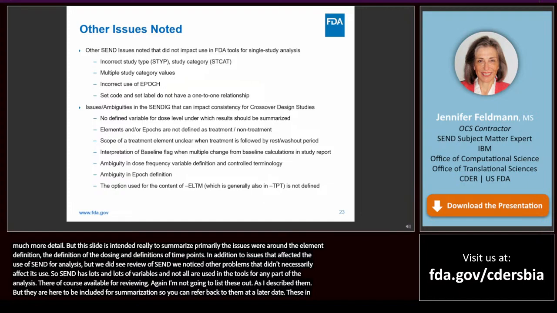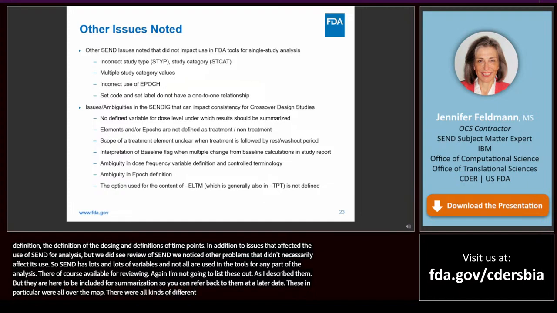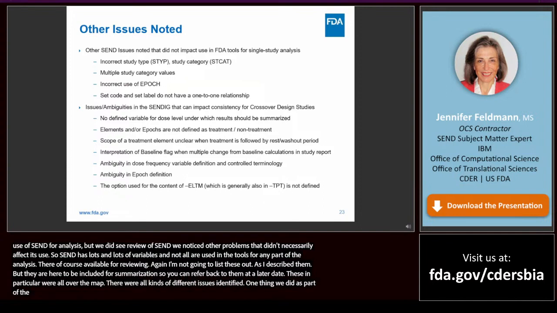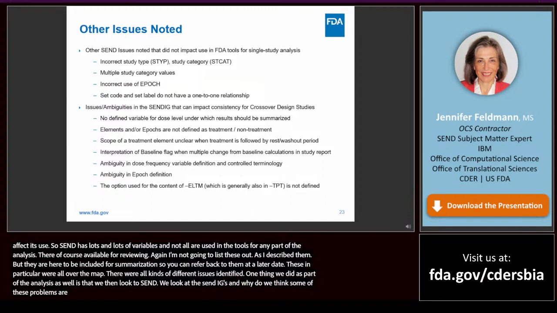And one thing we did as part of the analysis as well is that we then looked to the SEND IG and said, so why do we think that some of these problems are occurring? Are there specific ambiguities? Are there errors in the standard? What is driving the inconsistencies and the errors that we're seeing in the SEND data sets that we're receiving?